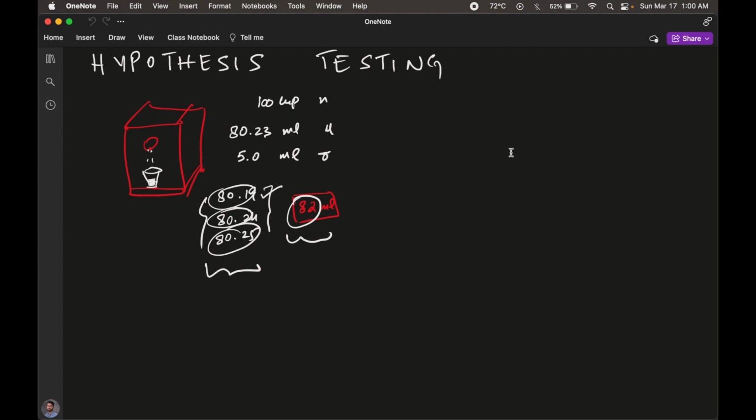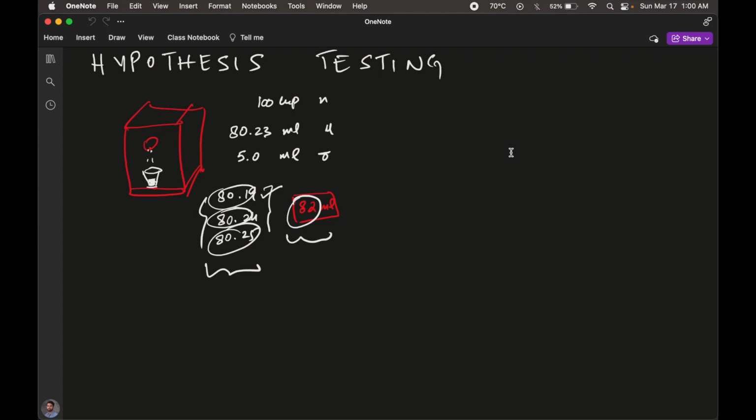So, by calculating probabilities of such things happening, putting a number to 82 milliliters as an average coming out, putting a number on 80.25, 80.24, 80.19, associating a probability with these numbers coming out, that is what helps me in determining whether I should be worried or everything's pretty much okay. So basically, hypothesis testing allows us to put probabilities associated with different cases, and based on those cases, we could determine whether or not we should be worried.